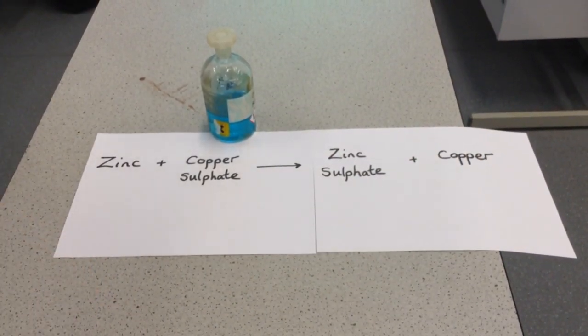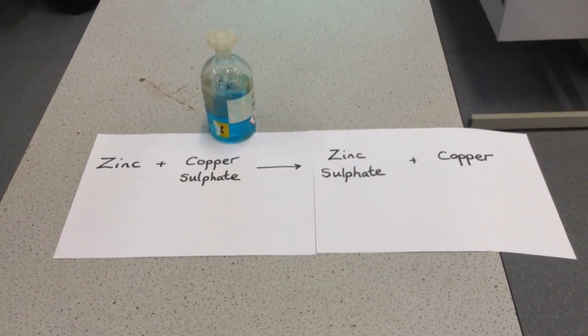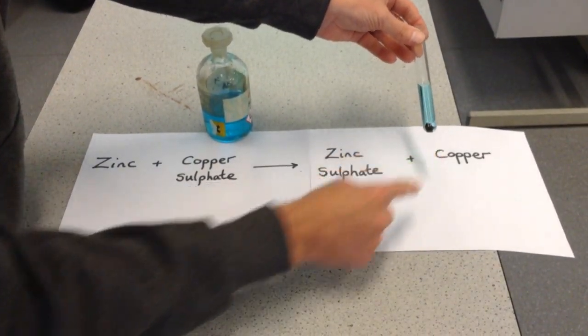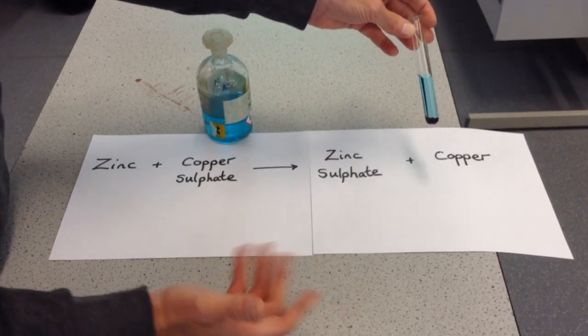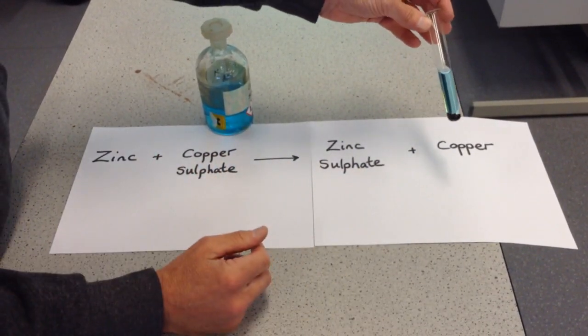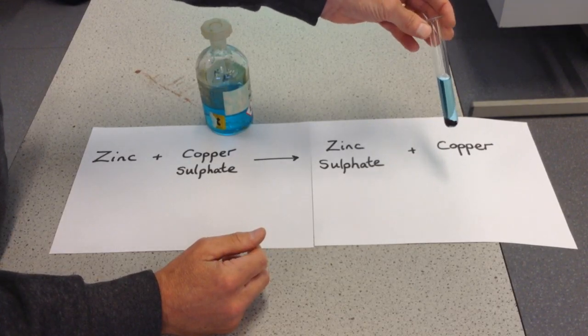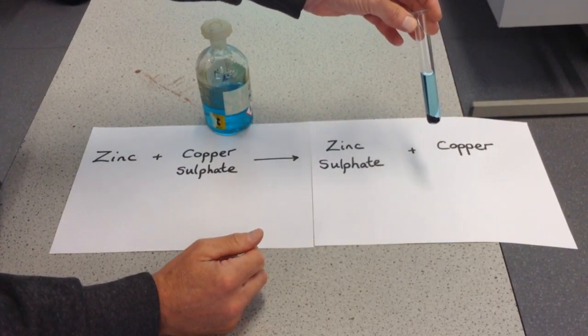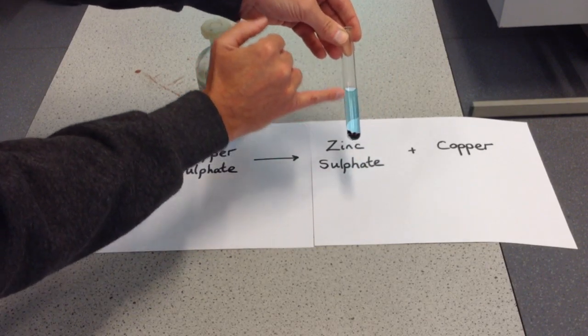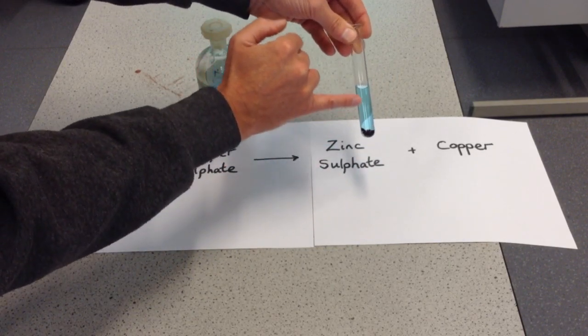And so this brown colour that you are seeing is the copper metal that is being displaced. It's been kicked out of copper sulfate and it has been displaced, which is why we can now see it. This liquid here is the zinc sulfate, I beg your pardon, that's the zinc sulfate.